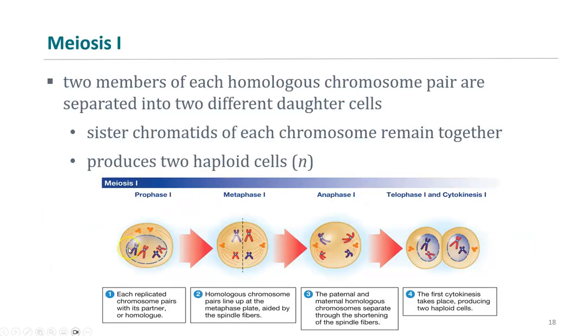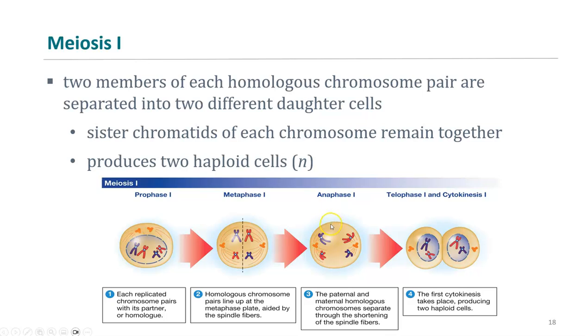All right, so this is a little bit closer up of meiosis 1. So prophase 1, we would have the nuclear envelope starting to disintegrate. We would have the chromosomes starting to condense and become visible. And we have spindle fibers that are starting to extend outward and make contact with each pair of homologous chromosomes. The spindle fibers are going to pull the homologous chromosomes to the middle of the cell during metaphase, where they're going to line up.